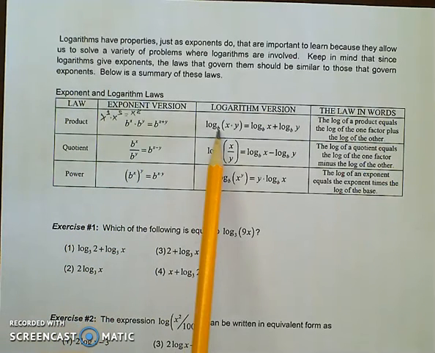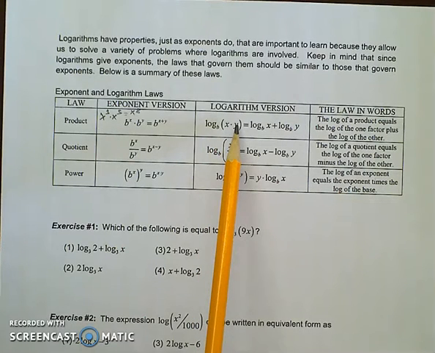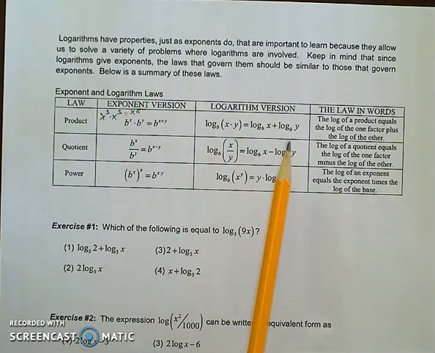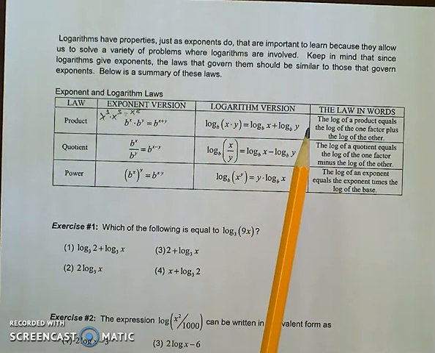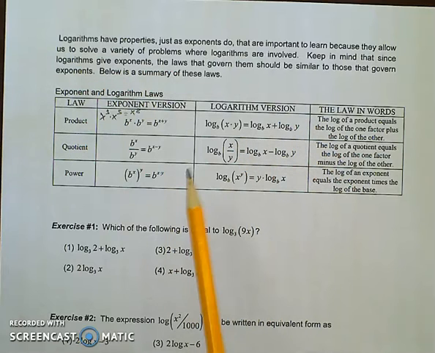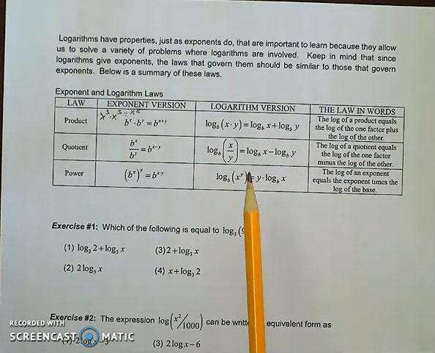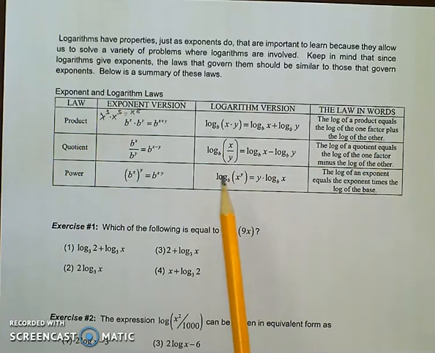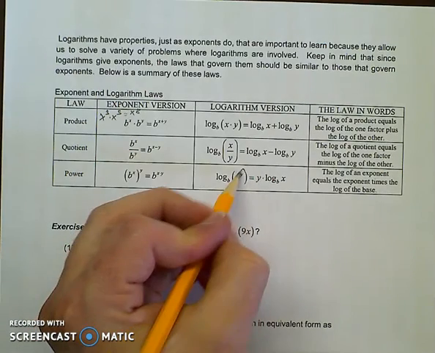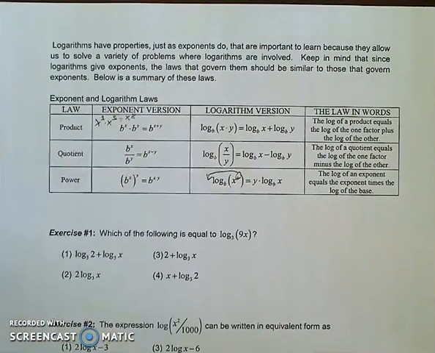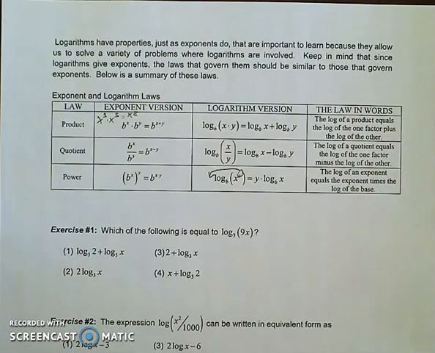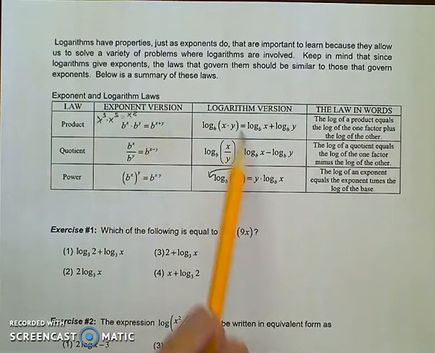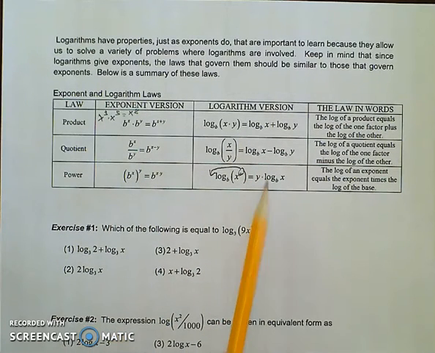The log base b of x times y is log base b of x plus log base b of y. Those are added. When you divide, you subtract the logs, and when you have a power, you can bring it out in front. You're multiplying it: y times log base b of x. The key here is that when you have a power, you can bring it out in front due to the power rule. So add, subtract, and you can bring it out in front.